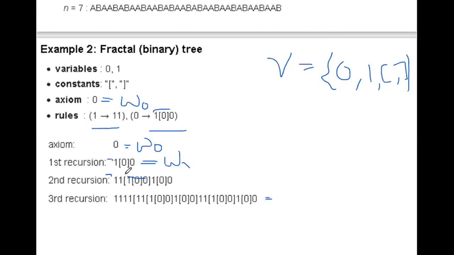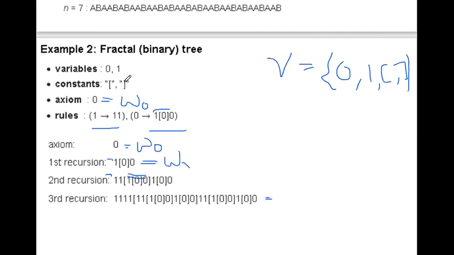Then the next character is zero. Zero is a variable, because it has a rule. So let's apply the rule for zero. This is the rule for zero. You have to copy this block here. The next symbol is the close bracket.